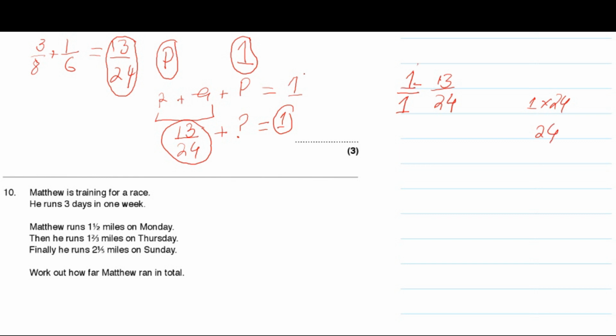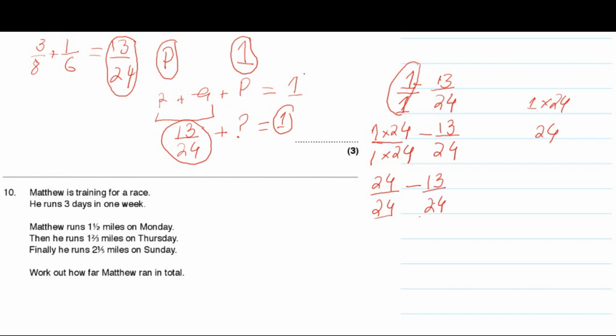So which number are we going to multiply this fraction by? 24. So 1 times 24 in the top and 1 times 24 in the bottom, and the second fraction is not going to change. So now you have 24/24 minus 13/24.